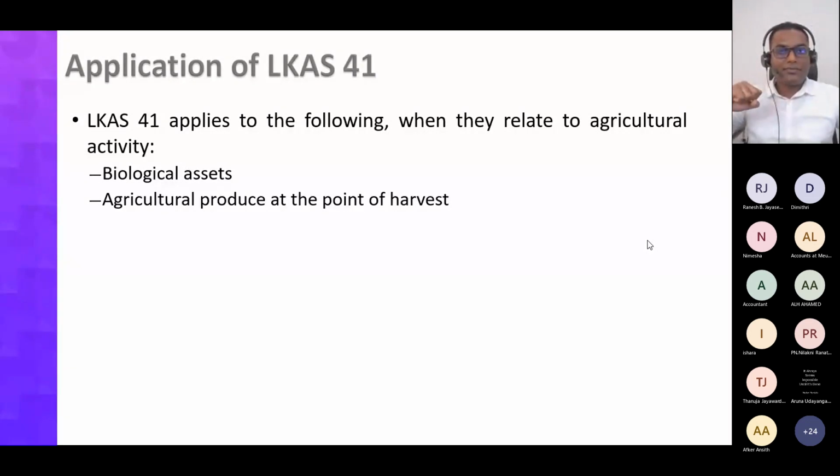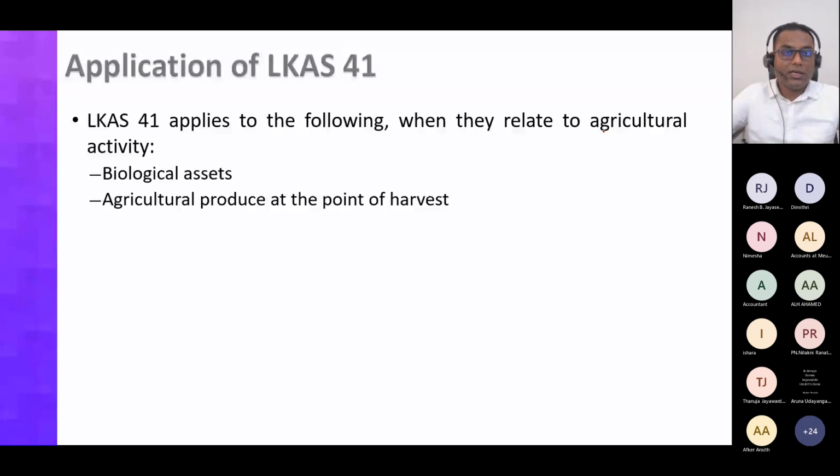You should understand for which items LKS 41 is applied. Actually there are 3 items, but for this question, what is important is only 2 items. I have included only these 2. LKS 41 applies for the following items when they are related to an agricultural activity.